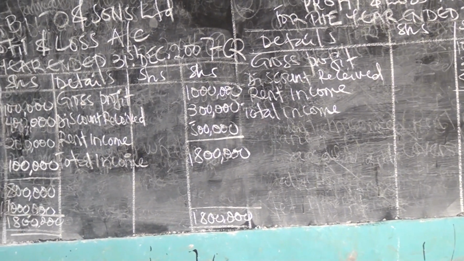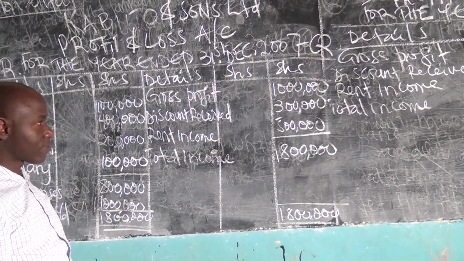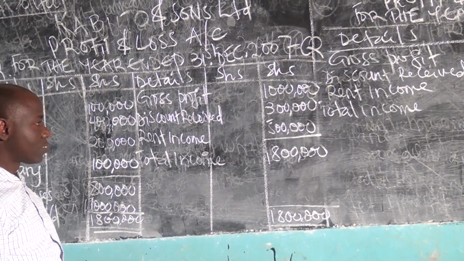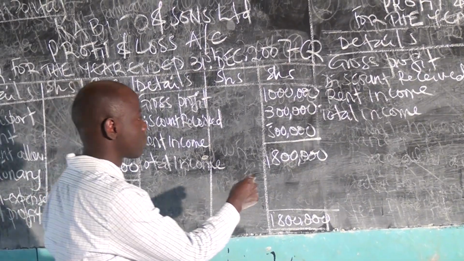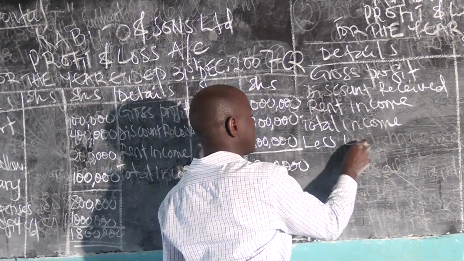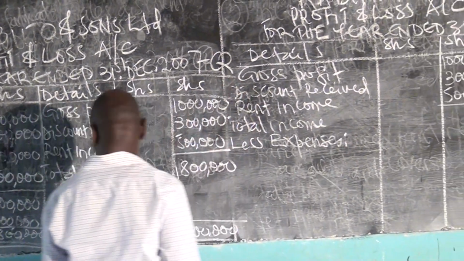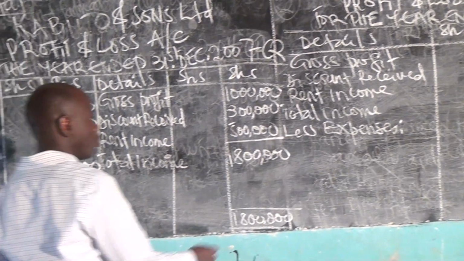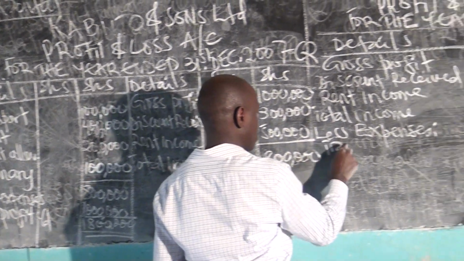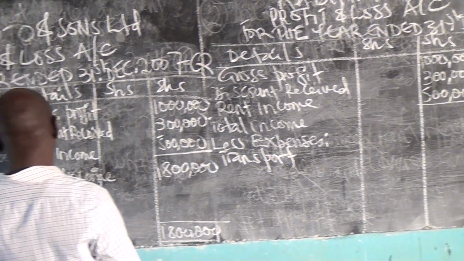According to the formula, net profit is equal to total income minus total expenses. We are going to less expenses. Expenses given to us, we have transport. How much is our transport?